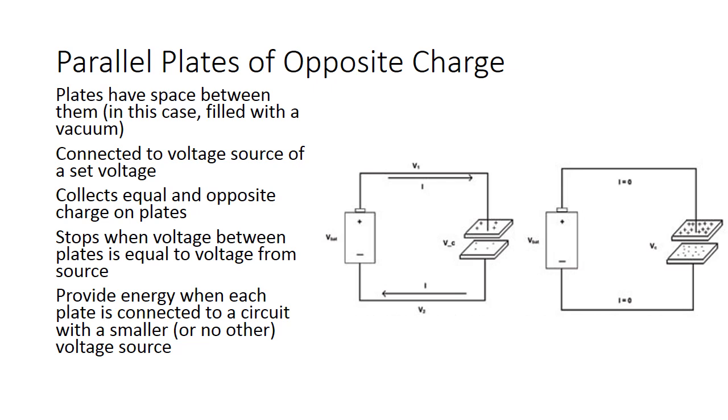And eventually there's going to be a point that those charges all repel against each other, and that's going to stop it from moving. So when they're equal, and when you take those charges and you hook them up to a circuit with nothing else in it, you can actually get the electric charges and the energy stored in the potential energy between those charges to come back out and power something like a car stereo or a flash bulb.